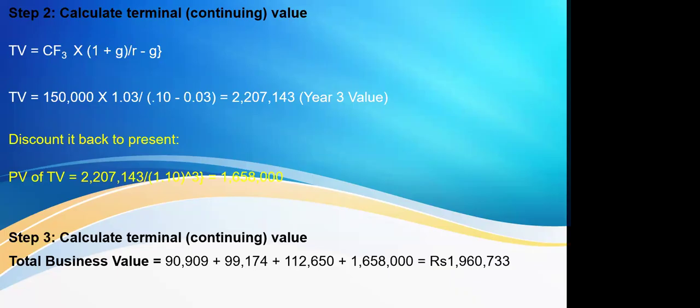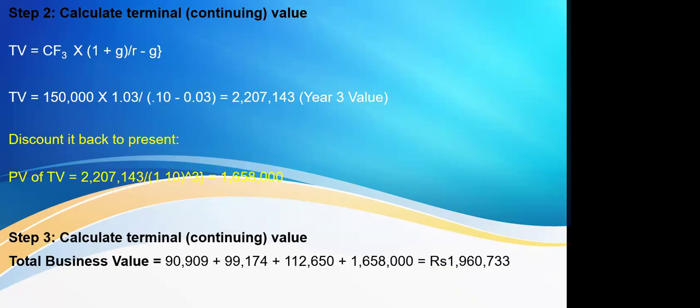Then it is a very simple formula, cash flow year 3 divided by R. You got my point? So if you want to value the cash flow without growth, it is a simple formula: cash flow year 3 divided by R. It means 150,000 divided by 0.10. You will get the answer 1.5 million.